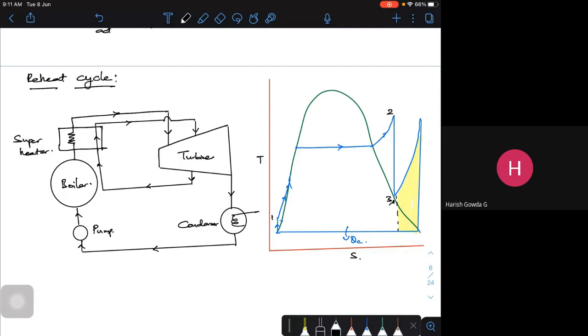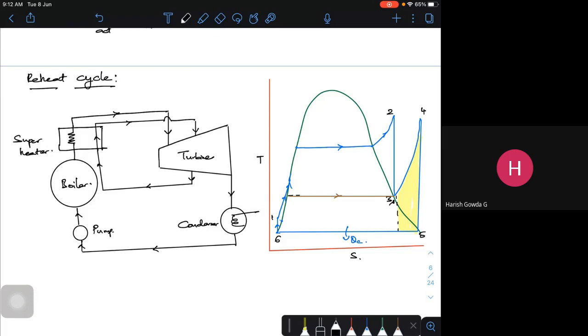There is an intermediate pressure of expansion. Then it will go to the point 4, then it will come to point 5, then it will come to point 6.